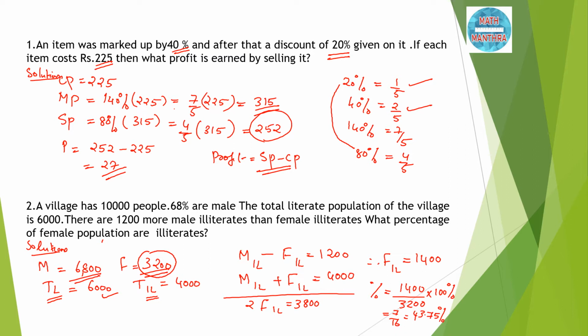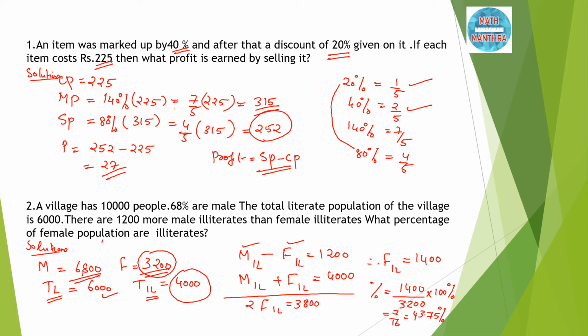So, in the question, it is already given that there are 1,200 more male illiterates than female illiterates. That means difference between male and female illiterates already given. That is male illiterate and female illiterates difference is 1,200. And we have already found out the total illiterate population is 4,000.